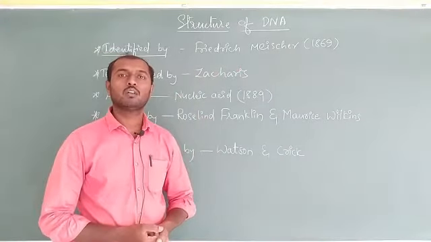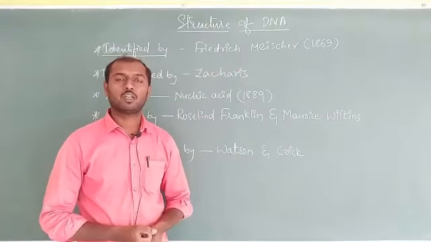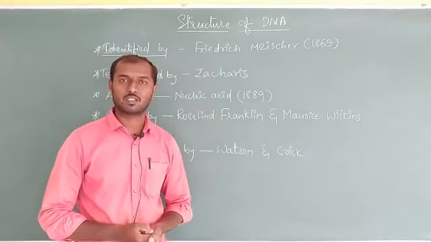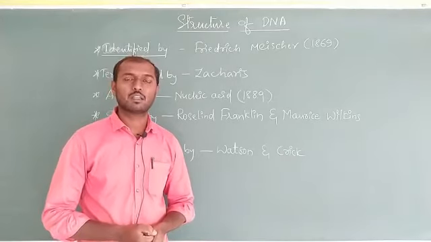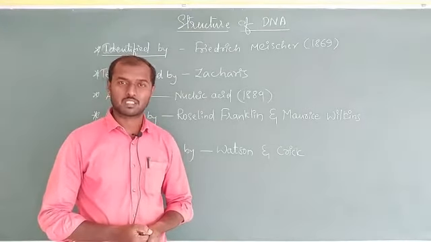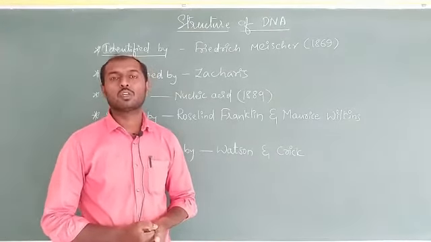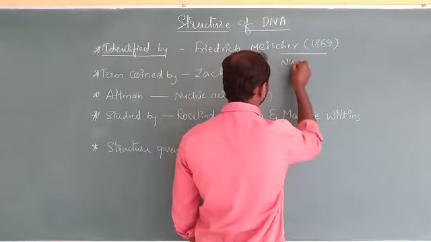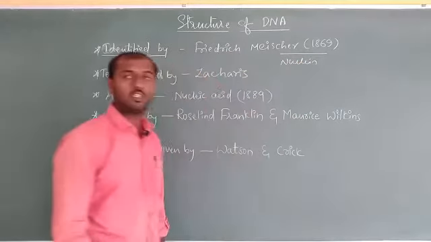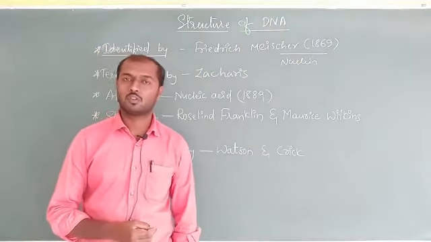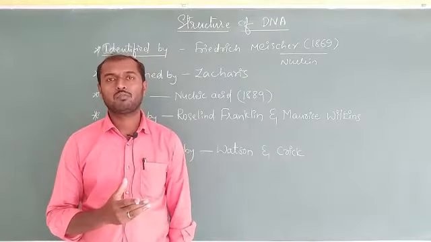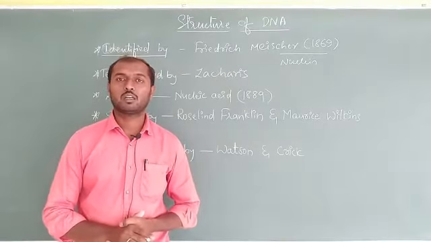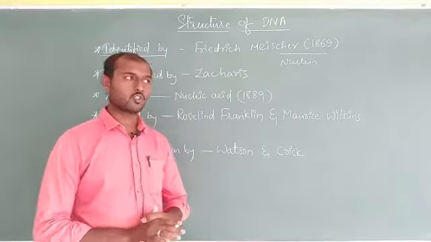Friedrich Miescher identified a material in pus cells. You know pus cells, the cells present in pus. He named that particular material nuclein. That is how the presence of DNA was first identified by Friedrich Miescher.